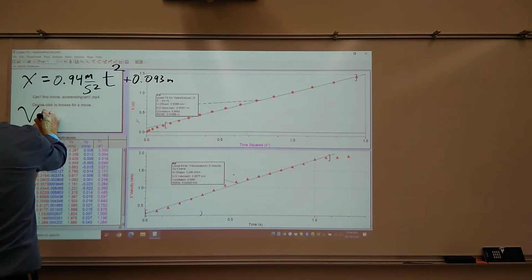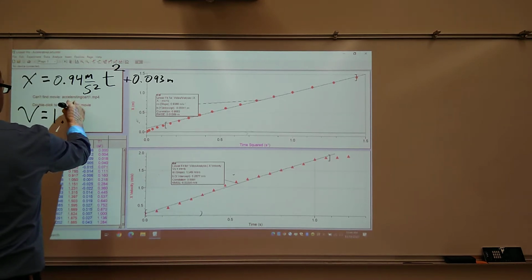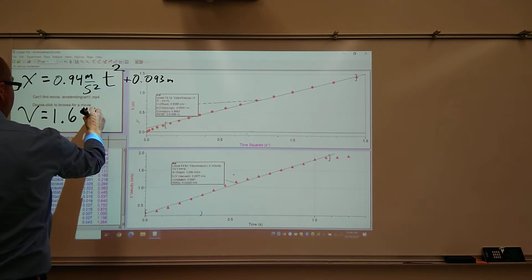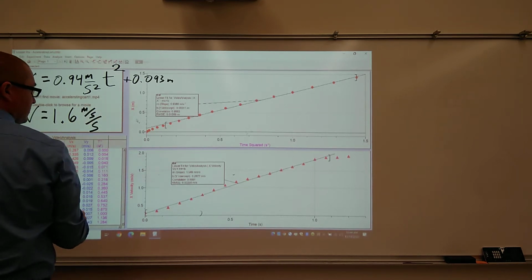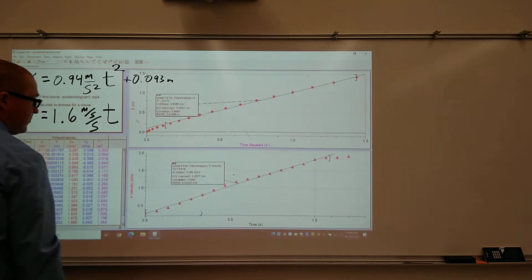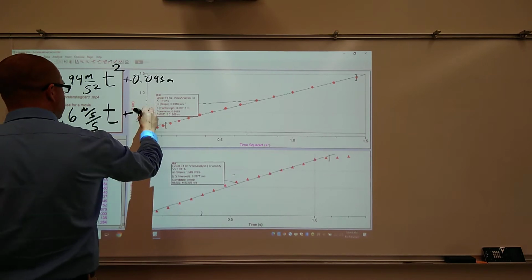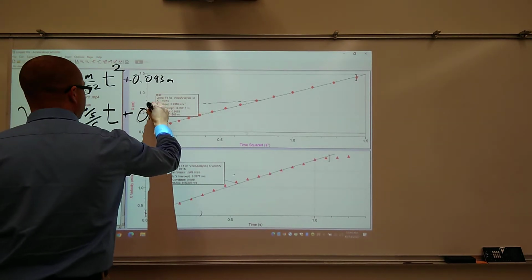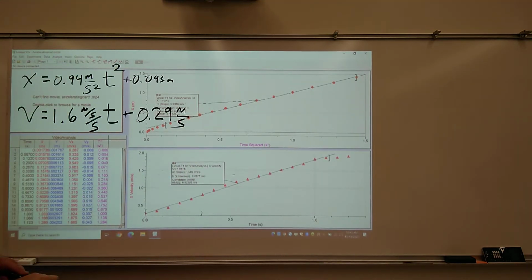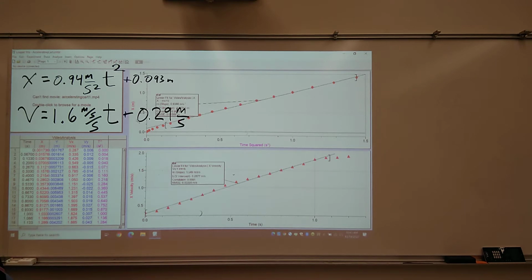All right, the slope of this one is 1.6 meters per second times just t, because it's only time, it's not time squared, plus the y-intercept of 0.29 meters per second. Now this one I wrote a little bit larger so they could see it better. All right, so those are our two experimental equations.